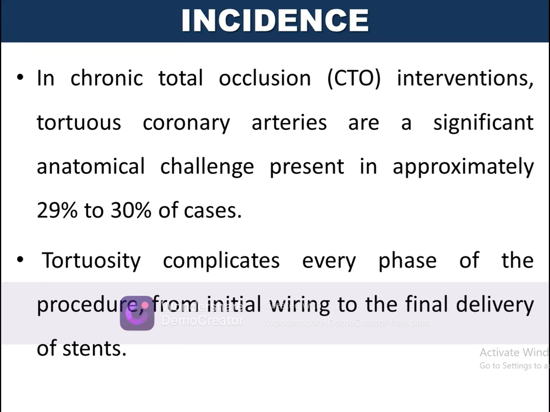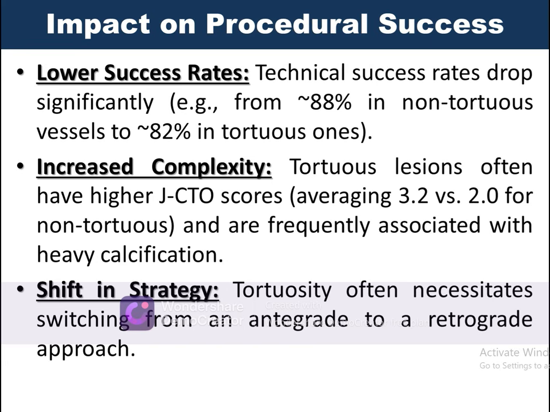The incidence in chronic total occlusion intervention: tortuous coronary arteries are a significant anatomical challenge, present in approximately 29% to 30% of cases. Tortuosity complicates every phase of the procedure, from initial wiring to the final delivery of stents. Impact on procedure success: lower success rates. The technical success rate drops significantly from 88% in non-tortuous vessels to about 82% in tortuous ones.